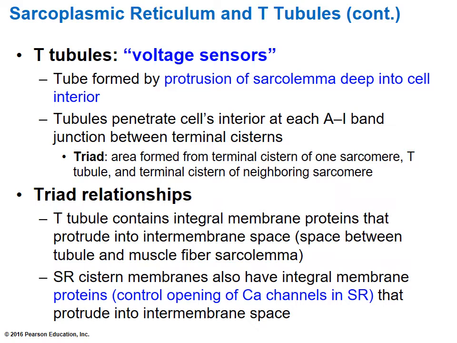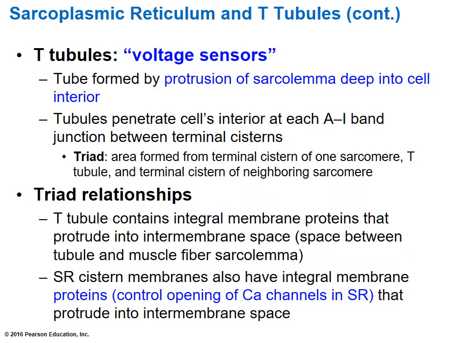As you can see on your PowerPoint, T-tubules are voltage sensors because they detect the excitability happening on the outside, the sarcolemma, and spread it to the inside of the cell, because they are infoldings or tubes that penetrate into the cell.